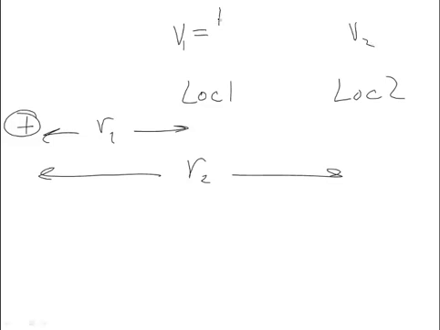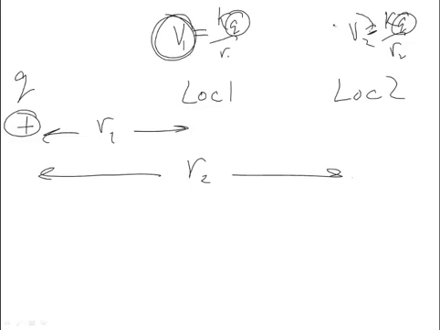KQ over R1, and KQ over R2 for the other location. What Q are we using in that equation? It's this Q right there, the point charge. So that gives you a V there and a V there.